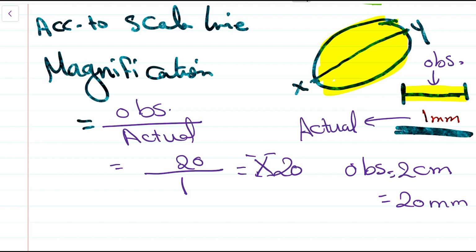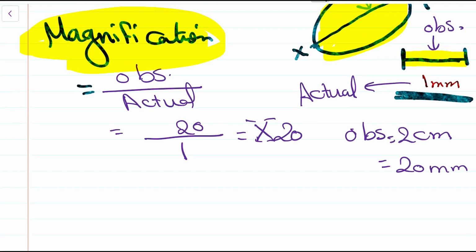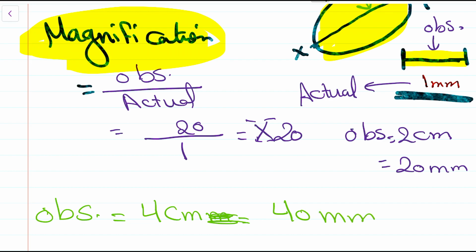Now I have the magnification according to our work, and I have the observed length for this diagram. According to our measurements, the observed equals 4 centimeter, which is 40 millimeter.